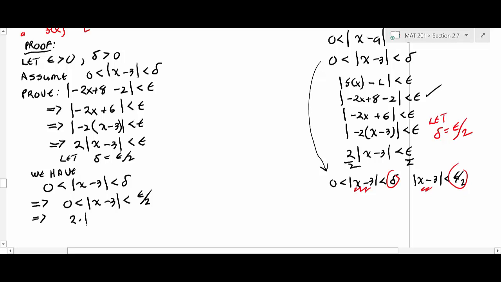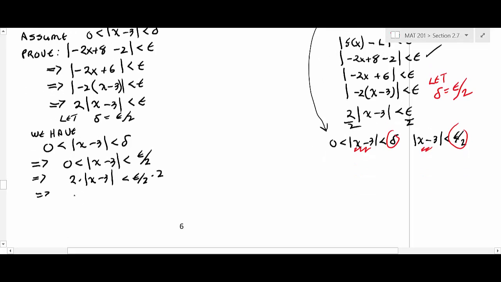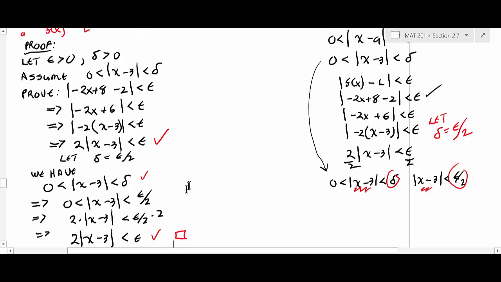So I'm going to multiply both sides of this inequality by 2. That will give us what we're trying to prove: 2|x − 3| < epsilon. Basically that's what we were trying to prove. We tried to prove that this is true given the assumption we make, so that closes off the proof. That's a good way to write that proof.